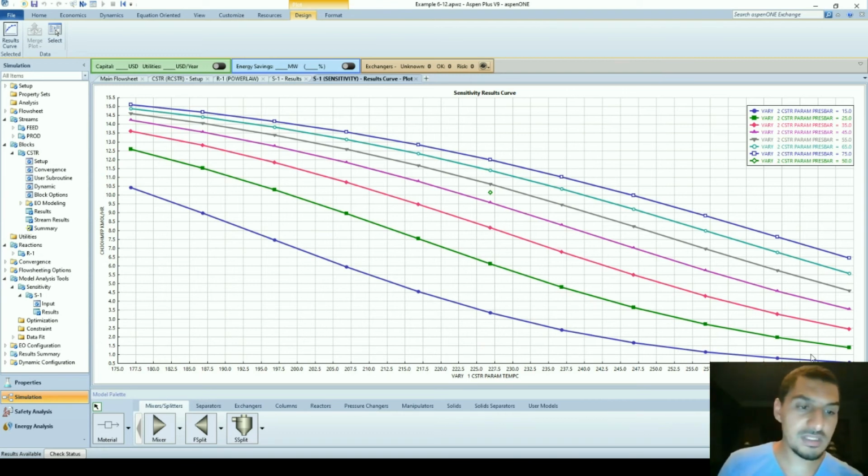From this we can see that the reaction is favored at lower temperature. So as I go to higher temperature, the methanol production is reduced, or the flow rate of methanol is reduced, at all pressures. And I can see that at each temperature it's better to operate at higher pressure.